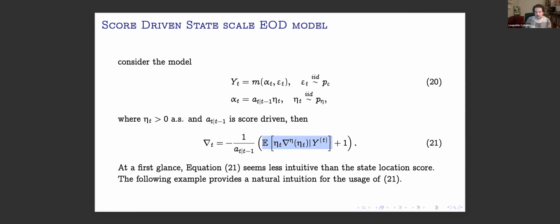This is still a filtered estimate of a transformation of the shock in the state equation. So it's not super intuitive. So let's have a look at specific choices of eta_t.